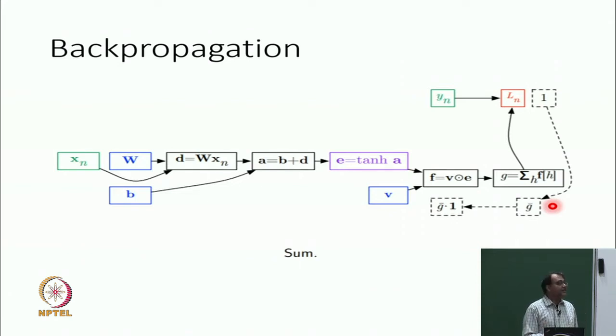Please try to work with me on this. This is where all your concentration and focus is needed. Let's look at the second one. So what is f bar? F bar is nothing but g bar dot with 1, which is same as g bar. Now f is computed based on v and e.